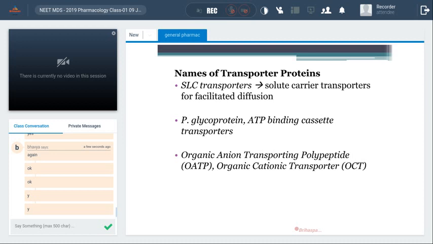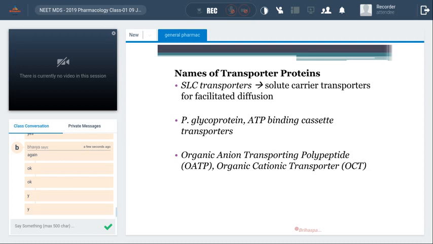Then I just told you some transport proteins are required for absorption. So some of the transport proteins, some examples, you just need to know the names. We have something called SLC transporters. They're also called solute carrier transporters. I just told you for facilitated diffusion, we need a carrier. So that is, we have SLC transporter. Then we have P-glycoprotein. We have ATP binding cassette transporters.